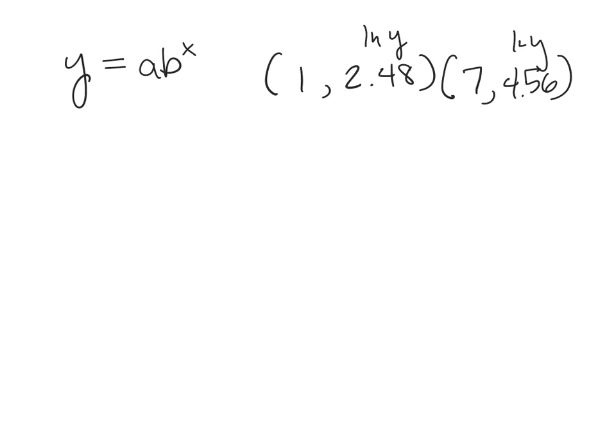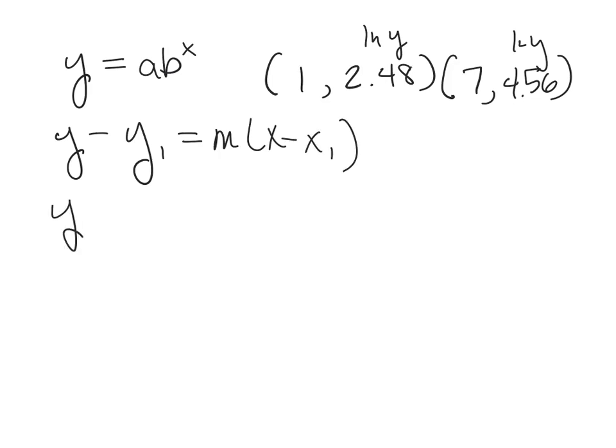So let's see, let's do the slope, point slope form. So we just have y minus 2.48 equals m. I didn't calculate m, did I?